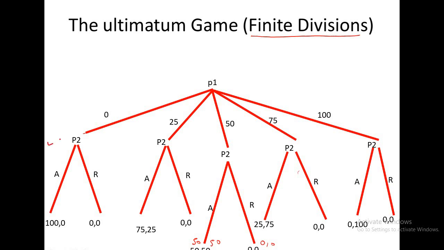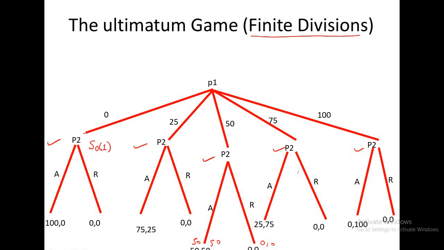This is a subgame of length 1, this is a subgame of length 1, this one is a subgame of length 1, this one is a subgame of length 1, and this one is a subgame of length 1. So we have five subgames of length 1 here. We can give a name to each and every subgame. So this one is S01.